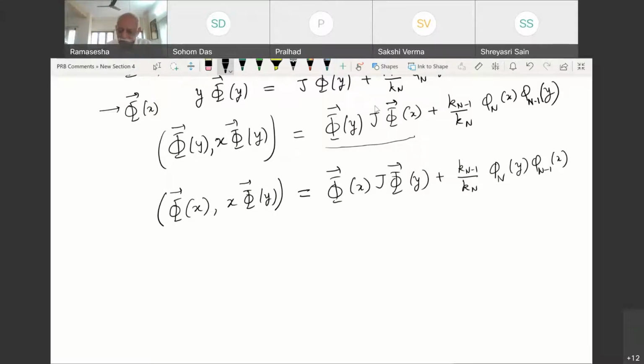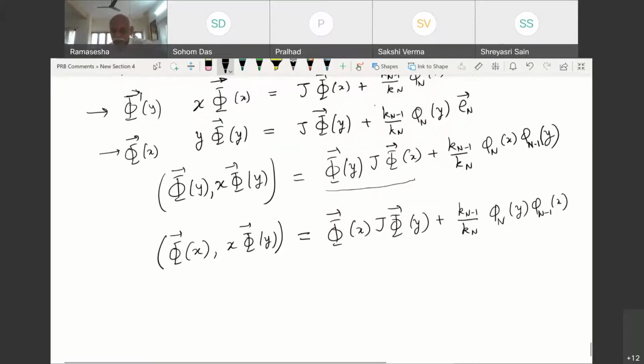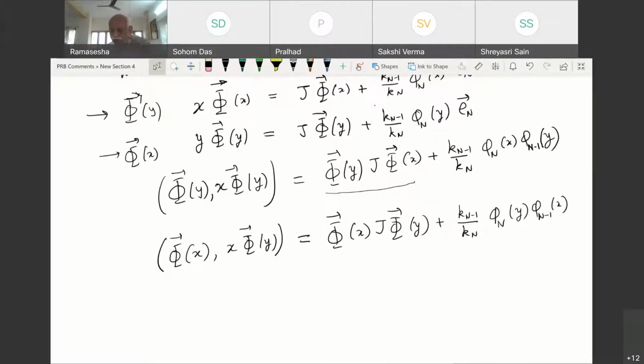See, I'm taking inner product with p of y, right? So J times p of x is a vector. So I can take the inner product this way. If you want, I can put a comma. I used a matrix notation and just left it without a comma. Okay, so is it clear now? Yes, sir.